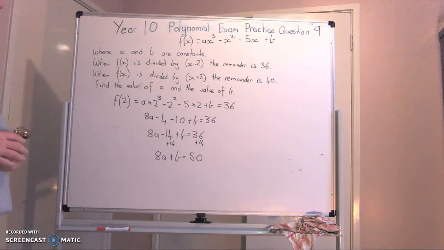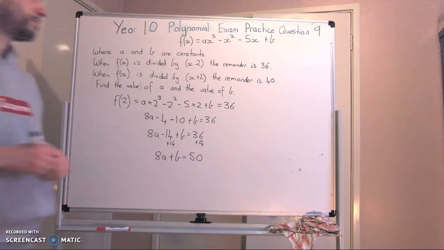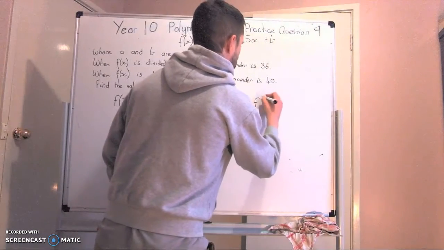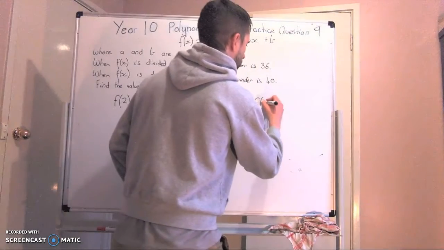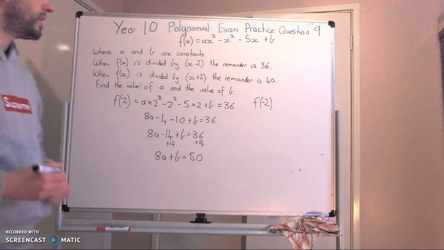Now, I'm going to do the same thing with my other one, where it says x plus 2. So I'm going to evaluate with x as negative 2, and that will give me the result of 40 left over.